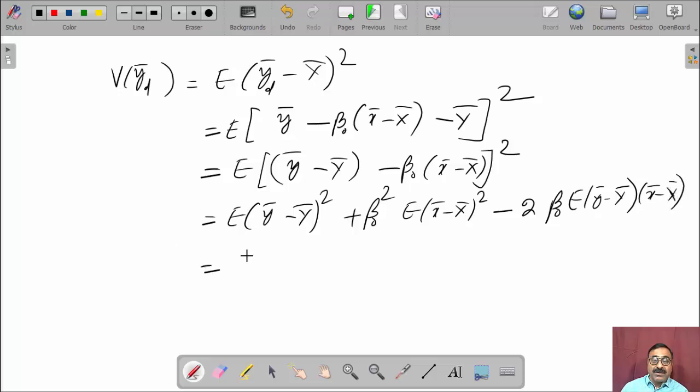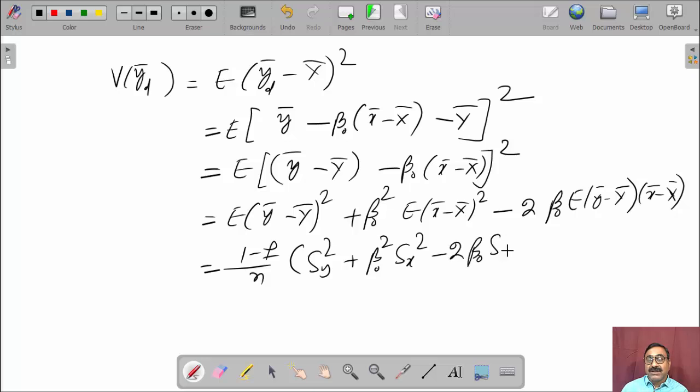So that is equal to 1 minus f by n, this will be Sy square plus beta 0 square Sx square minus 2 beta 0 Syx. So this is the variance of the difference estimator where beta 0 is a constant.